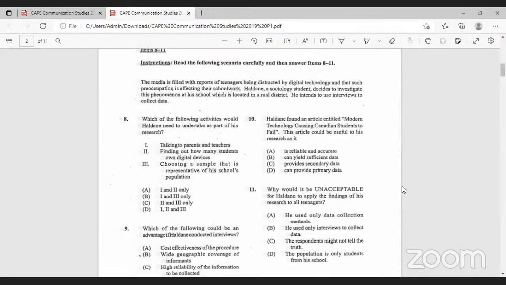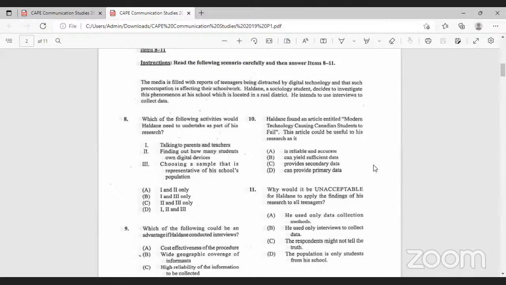He intends to use interviews to collect data. And for number 8, the question asks, which of the following activities would Haldane need to undertake as part of his research? Talking to parents and teachers, finding out how many students own digital devices, choosing a sample that is representative of the school's population. So is it 1 and 2, 1 and 3, 2 and 3, or 1, 2, and 3?